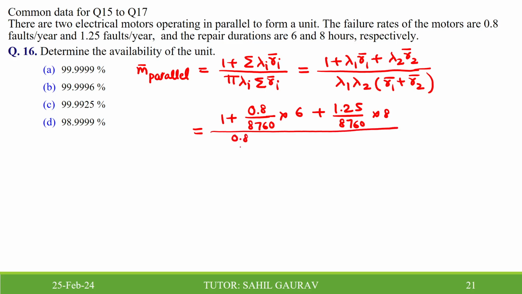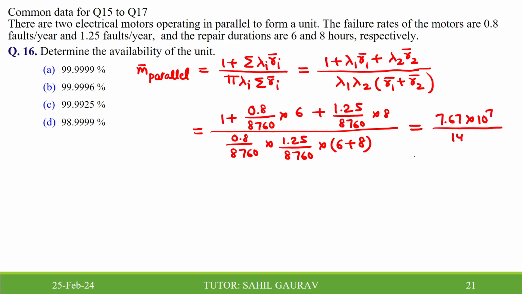Then 0.8 divided by 8760 into 1.25 divided by 8760 into R1 plus R2, 6 plus 8. So you will get 7.67 into 10 to the power 7, divided by 14. So we will get 5481258.2 hours per fault, that we found.